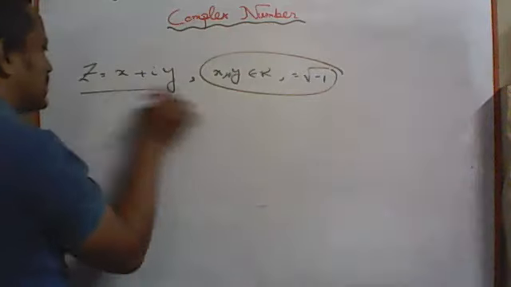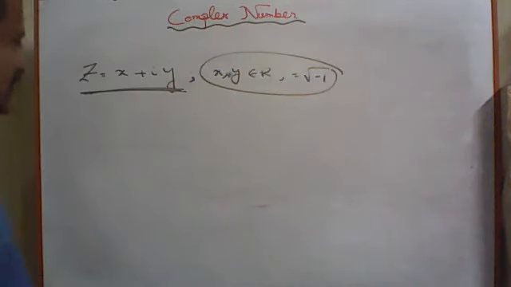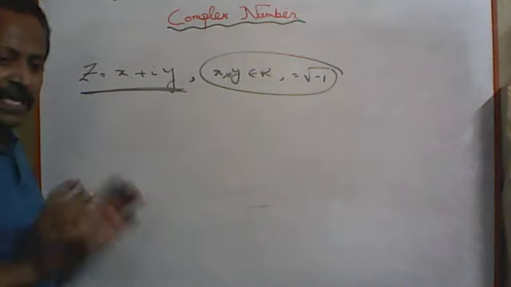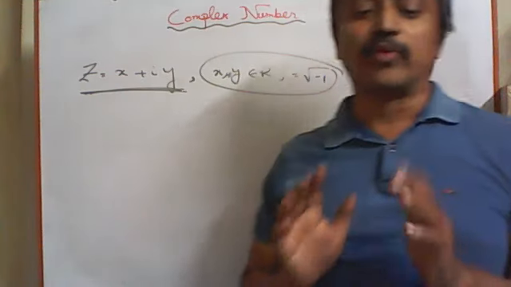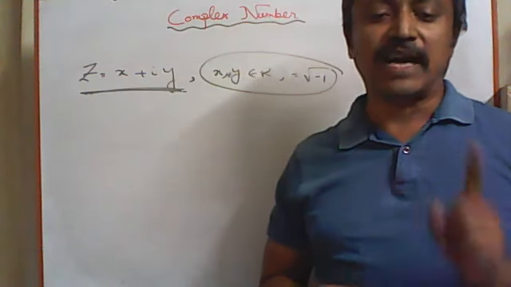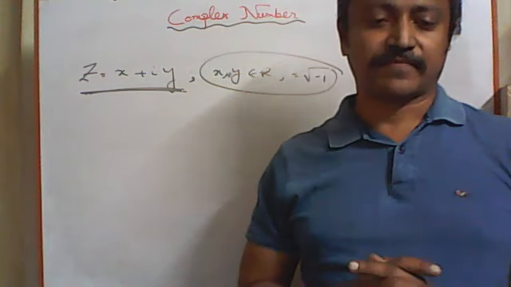This is known as a complex number. This is the definition: the expression is in the form of x plus iy, where x and y are both real, but i equals root under minus 1.